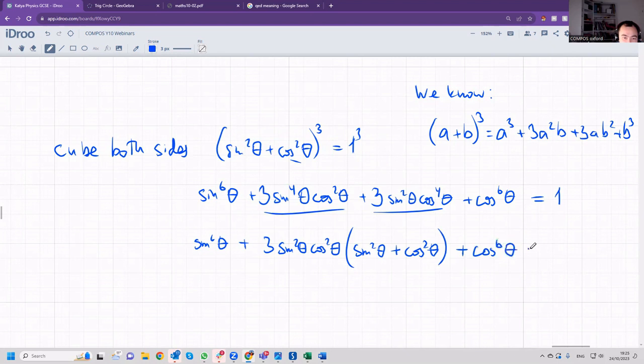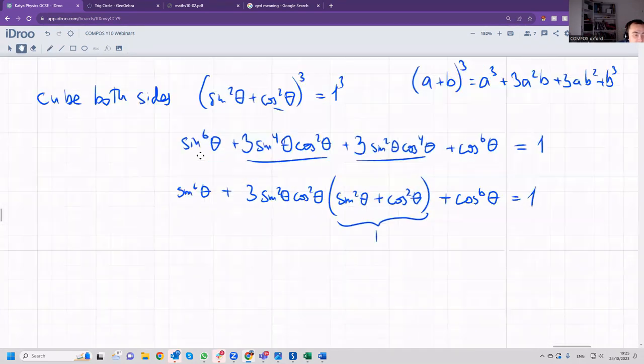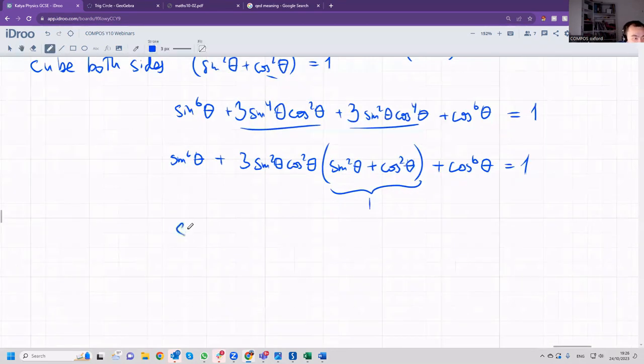This thing turns out to be 1. So we're left with sine to the power 6 theta plus 3 sine squared theta cos squared theta plus cos to the power 6 theta is equal to 1.